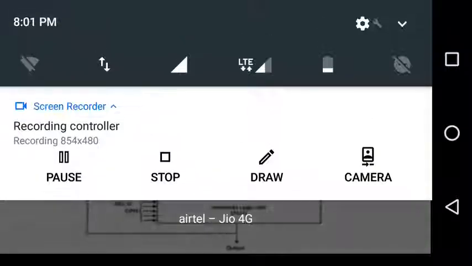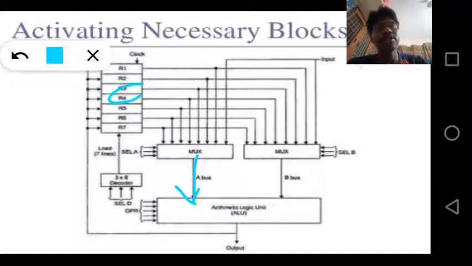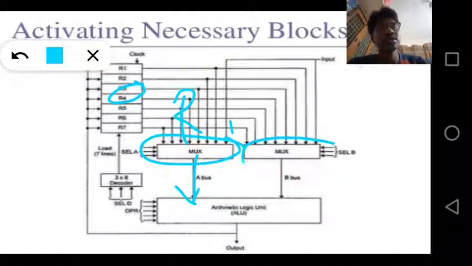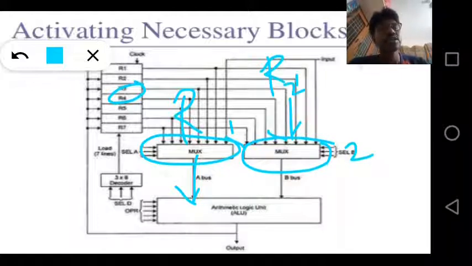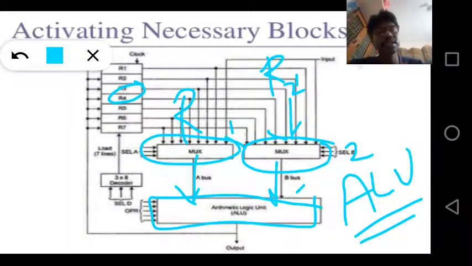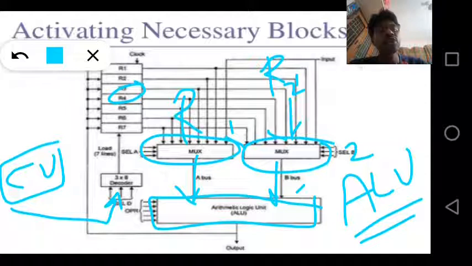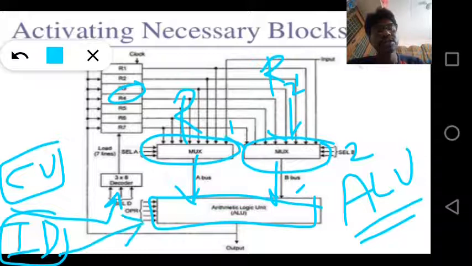So ultimately the ALU receives a value from one of the registers through multiplexer 1, and from multiplexer 2 it receives another register value, and the ALU performs the arithmetic and logical operation. Which register has to be selected is decided by the control unit, and what operation is to be performed is decided by the instruction decoder.